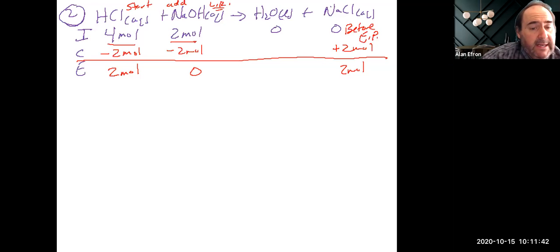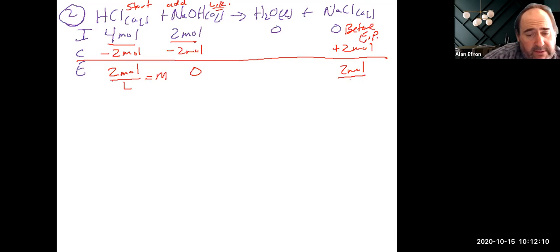Again, it needs to be done in moles because we're obviously adding volume. Because we are before the equivalence point, the sodium hydroxide should get completely used up, and we end up with these 2 things. Now, just like normal, after you do this first ice table in moles, it is super good practice to convert these back into molarity.